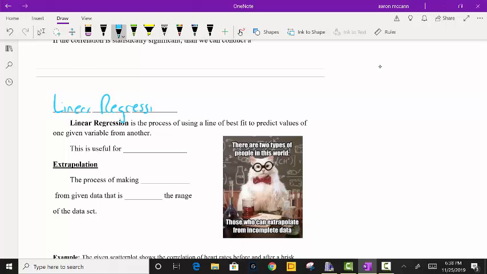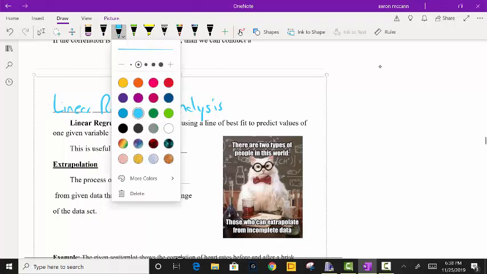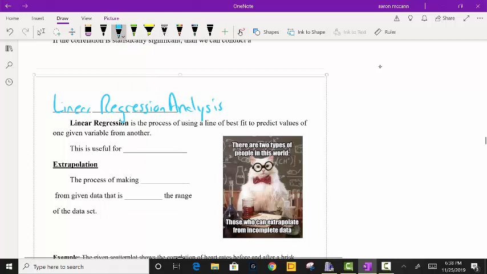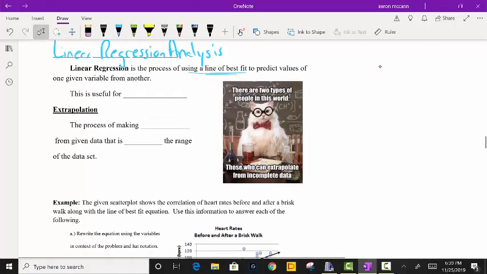Just real quickly, I'm going to run over what linear regression analysis is. Linear regression is the process of using the line of best fit to predict values of one given variable from another. This is useful for what's called extrapolation.